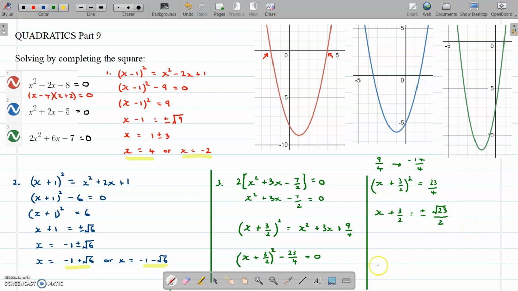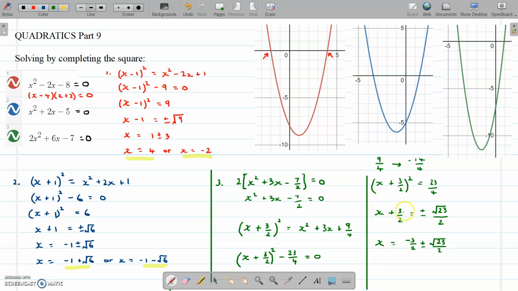It's a bit tidier like that. And now I just need to subtract the 3 over 2. So x equals negative 3 over 2, okay, plus or minus root 23 over 2. Okay, and quite often you would write that as a single fraction with a common denominator.